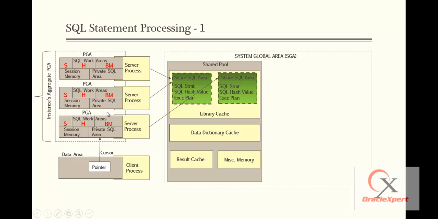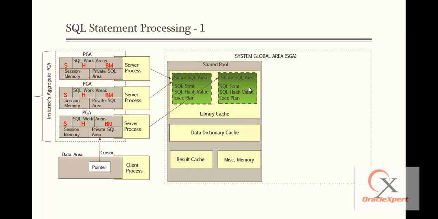That's why they both are pointing to the same shared SQL area, which is in my SGA, but despite the fact that they are sharing the same shared SQL area memory in my SGA, still they would have their individual private SQL areas.